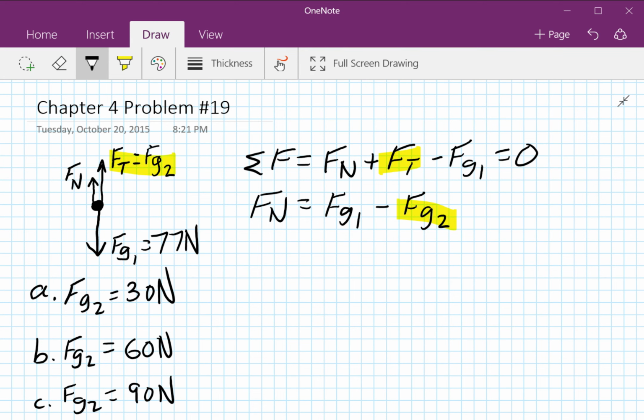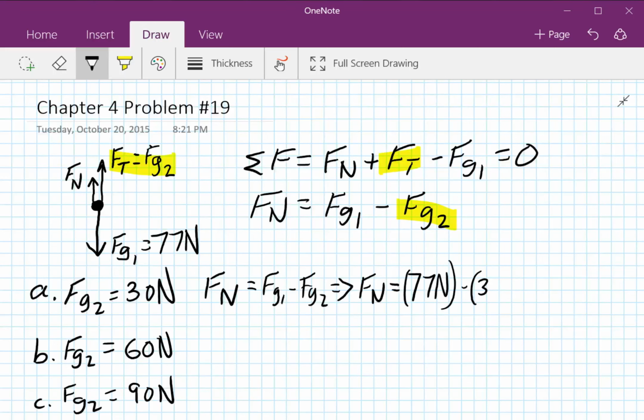So we can go ahead and say normal force equals Fg1 minus Fg2 for part A. So I'm making it line up for A. And then we'll just say Fn equals 77 newtons minus 30 newtons.